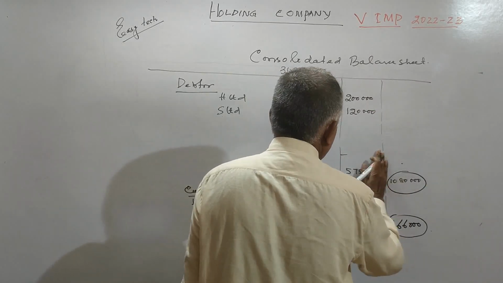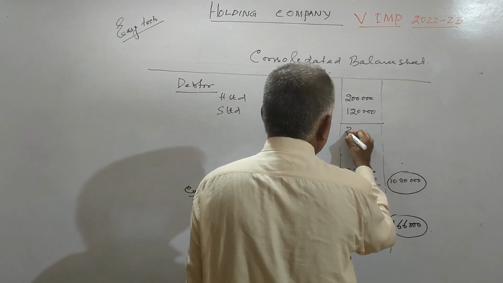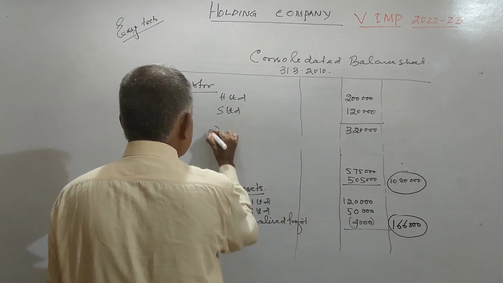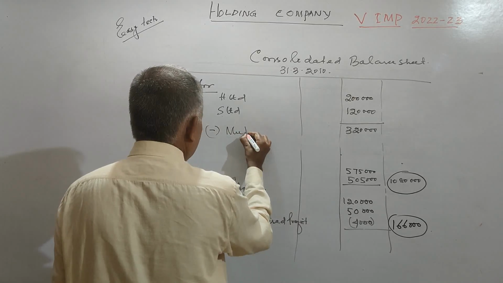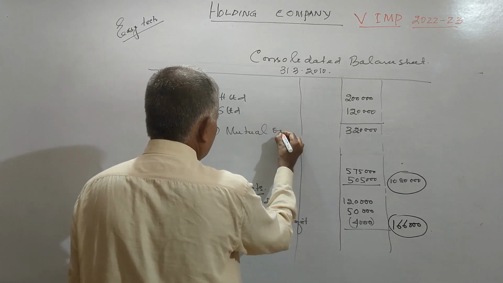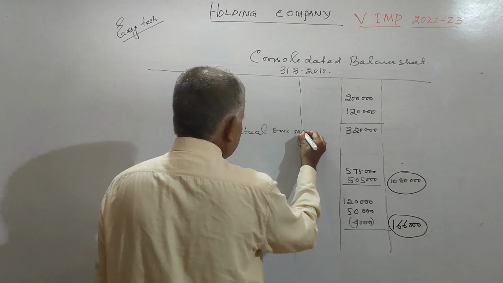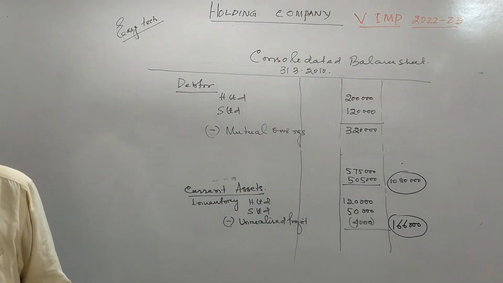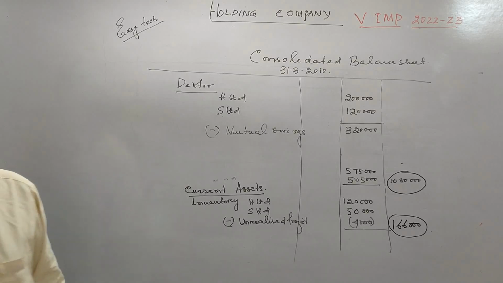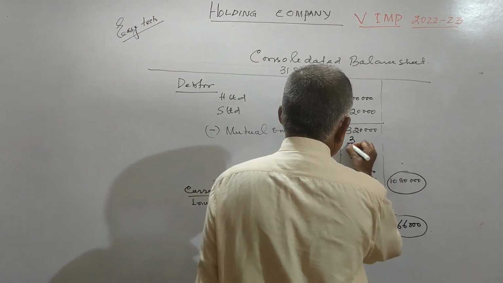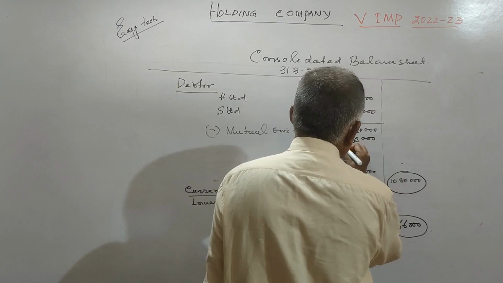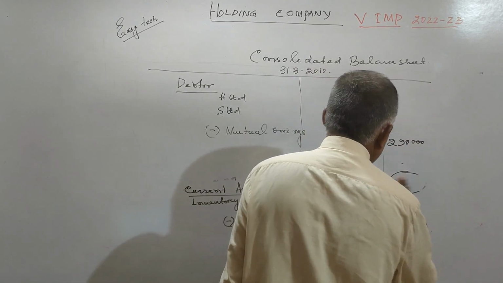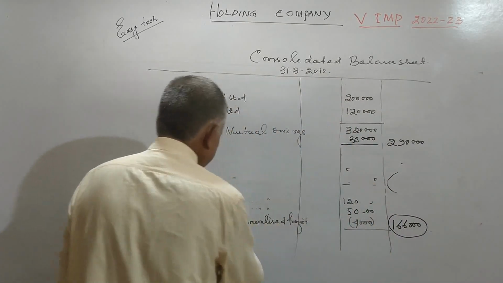So it comes to 3,20,000 less mutual owing. That is your mutual owing, 30,000. So 2,90,000 is the debtors.